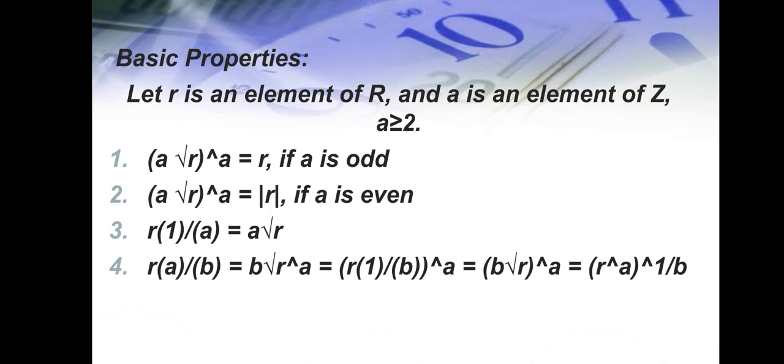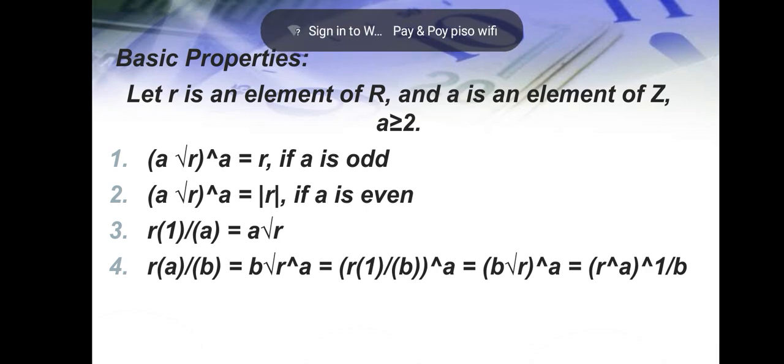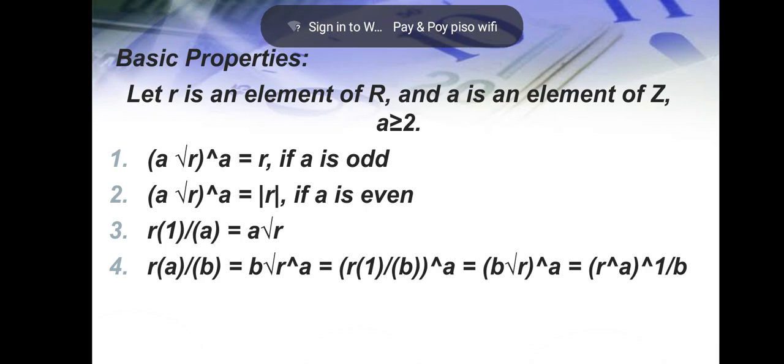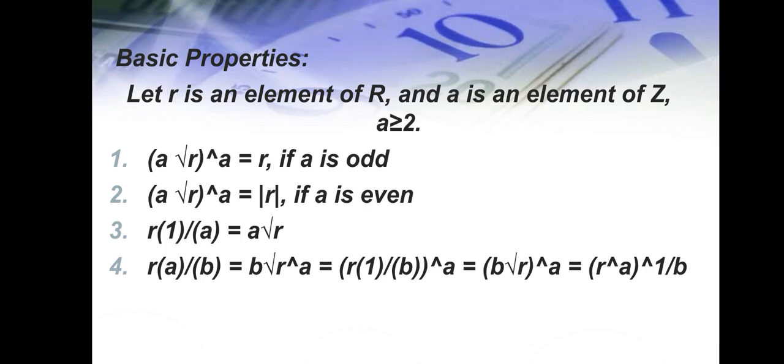Number 2, the nth root of r to the power of n equals the absolute value of r if n is even. Number 3, r to the 1 over n is equal to the nth root of r. And number 4, r to the a over b is equal to the bth root of r to the a, equals r to the 1 over b to the a.